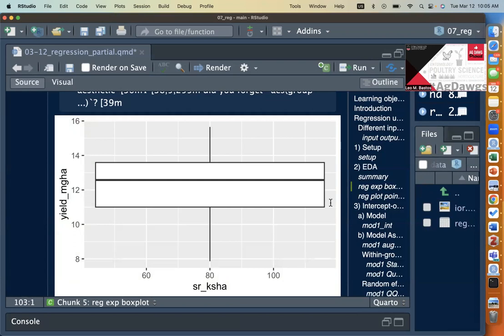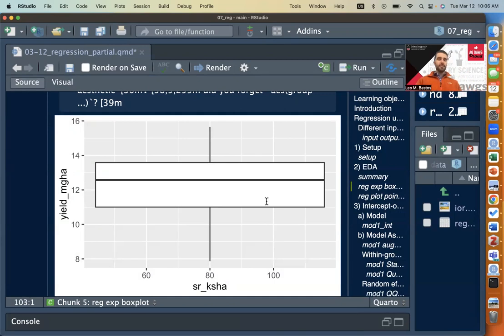Why do we get one big box plot? Yes, seeding rate is numerical. That's why it's giving us one box plot for all the seeding rates combined.